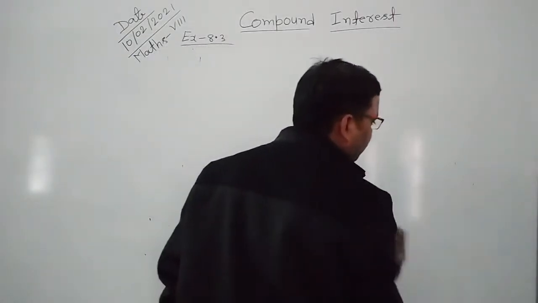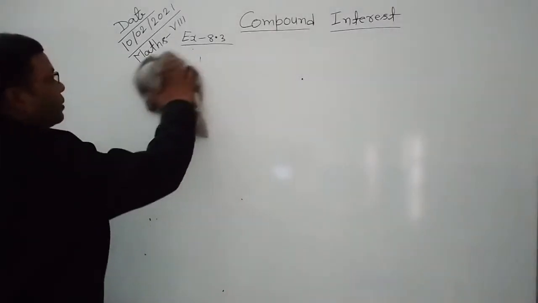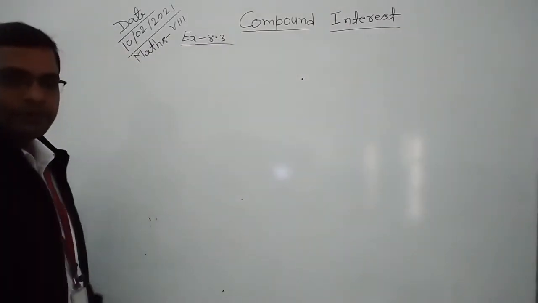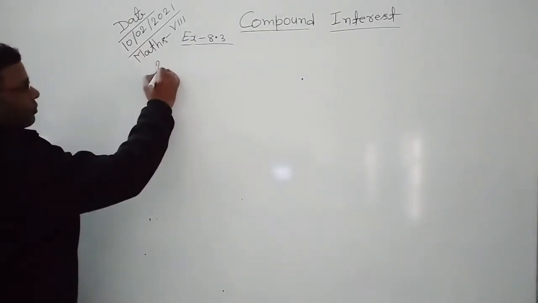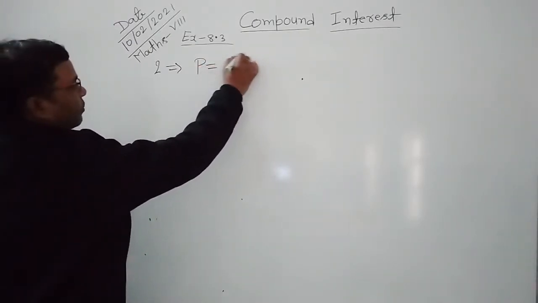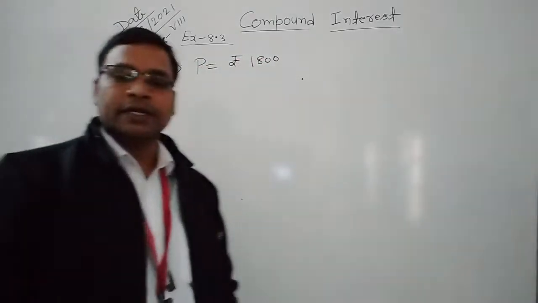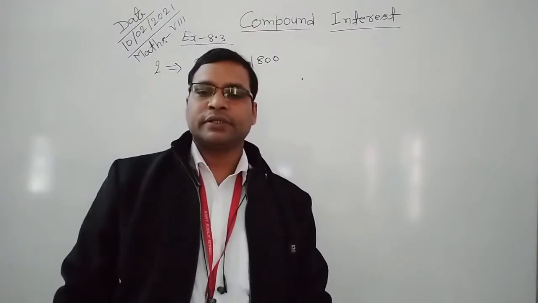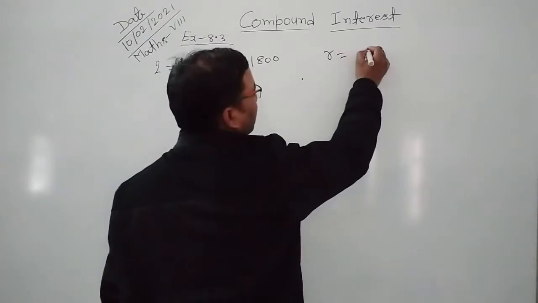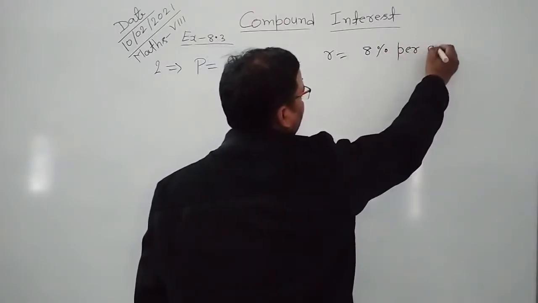After this we solve question number 2. I hope all of you understood question number 1. Now question number 2. In question number 2, first we write here principal, represented by P. This is given as 1,800 rupees. And the rate is given, we represent rate by small r. This is 8% per annum.